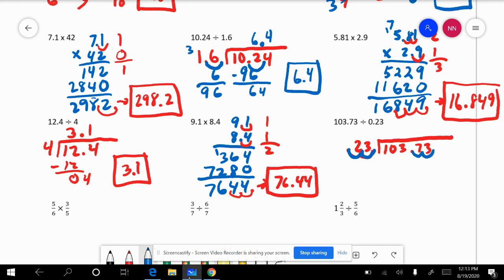And I'm going to see how many times 23 goes into 103. And I think it's 4. 4 times 3 is 12. 4 times 2 is 8, 9, so that's 92, so that worked. When I subtract them, I get 11. I bring down the 7.